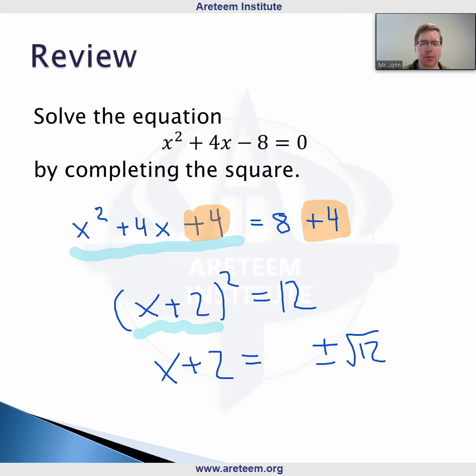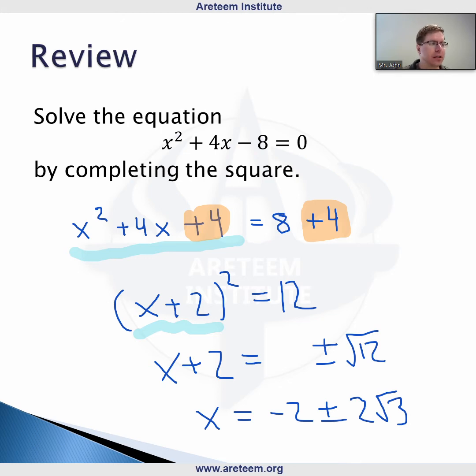Simplifying and solving, x is negative 2 plus or minus, and remember, 12 is 3 times 4, so we can write this as 2 square root of 3.